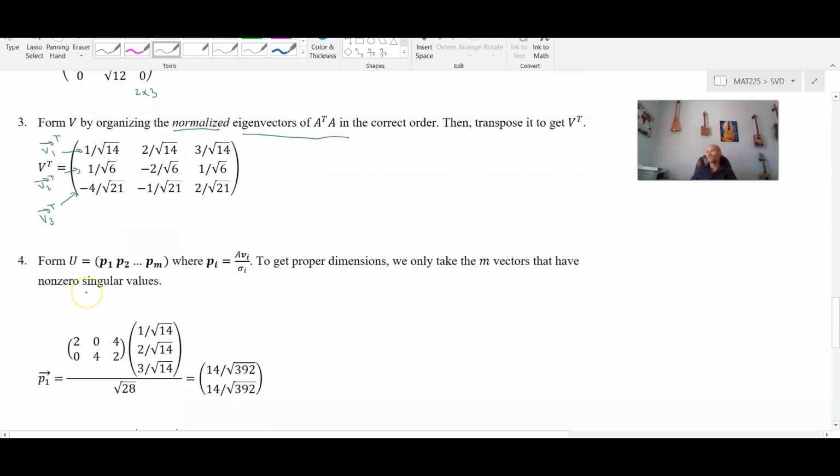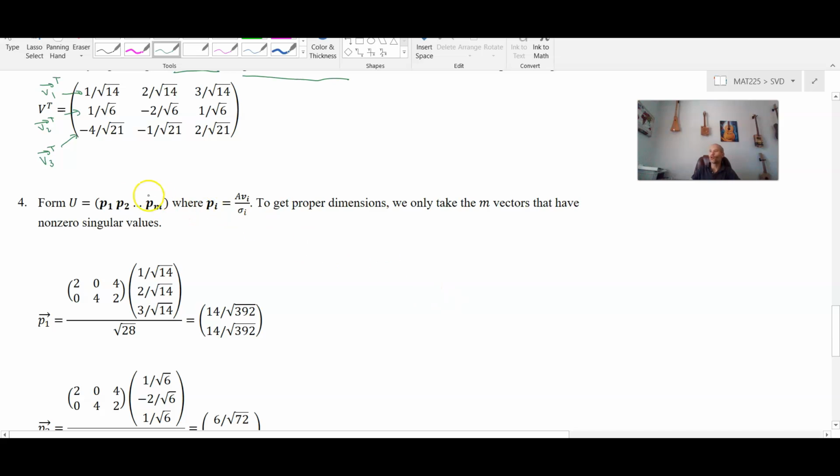And the last thing we have to do is form U, where U equals a set of columns. In this case, I'm referring to them as P1 through PM, these column vectors, where the ith column is found by taking the A matrix, multiplying it by the corresponding eigenvector of A transpose A, and then dividing by sigma i. So here's our A matrix.